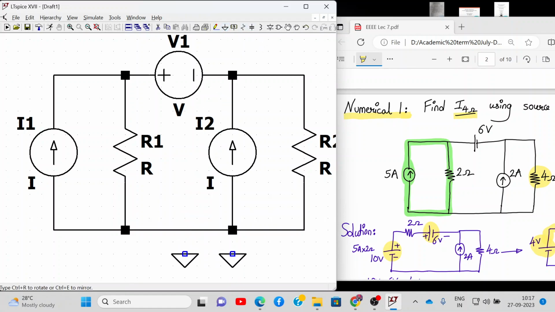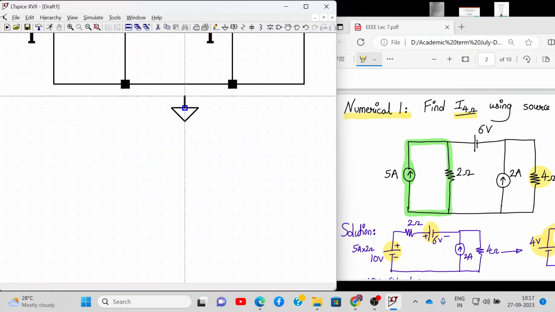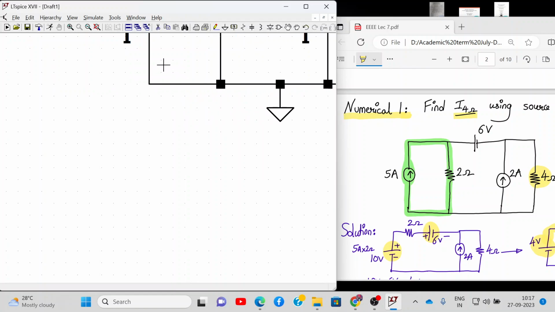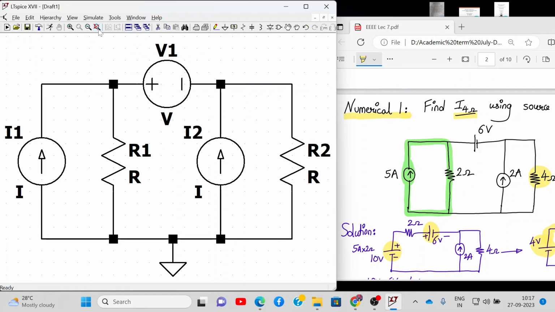So here is my ground. I'll connect it with the wire. All right, now let me select zoom to extend. The entire circuit has come. Now let me give the values. This is 5 ampere. This will be 2 ohm. This will be 6 volt. This current source value is 2 ampere. This resistance is 4 ohm. We need to find the current through the 4 ohm resistance.